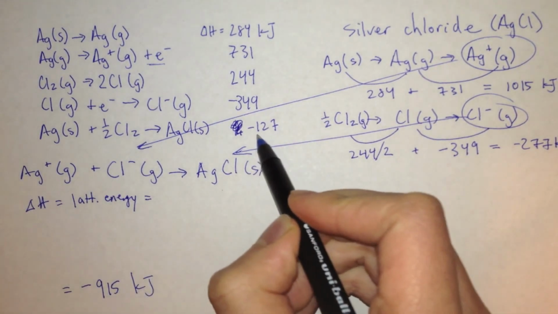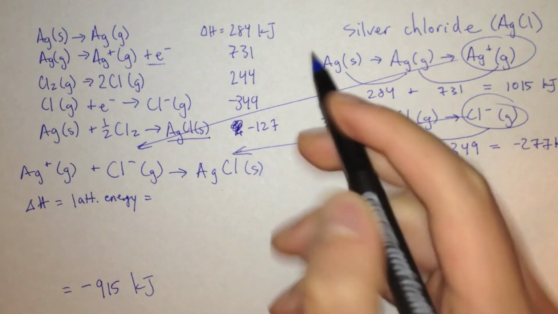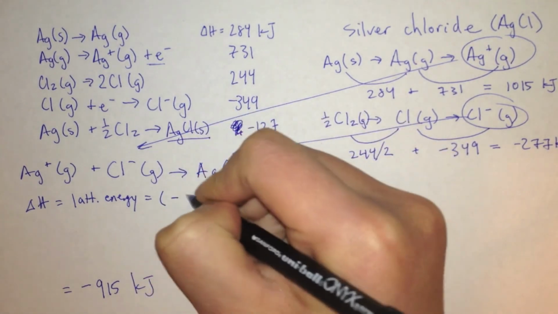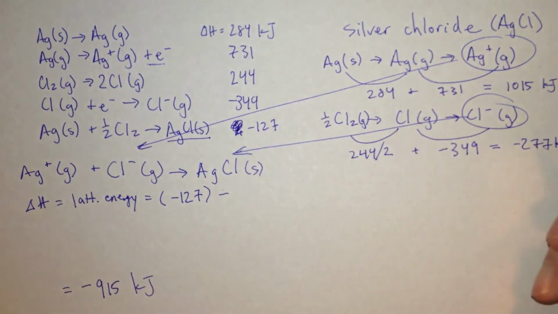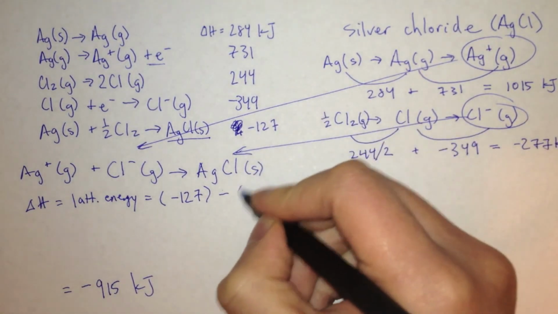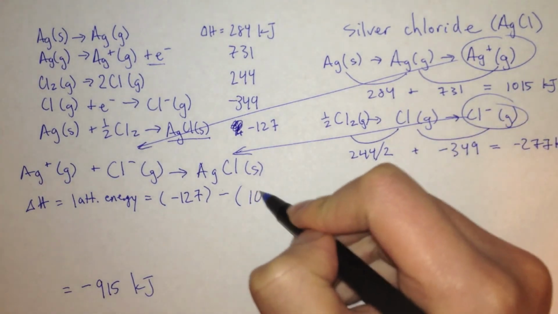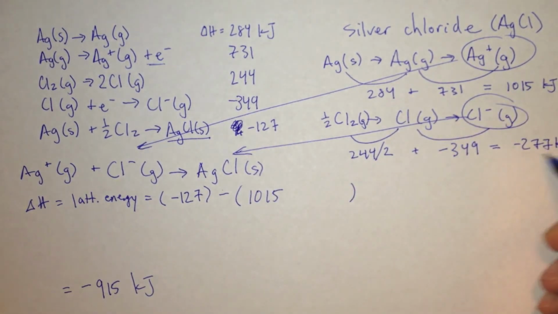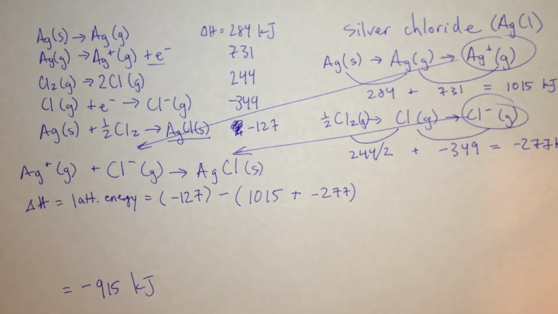In this case, the product is AgCl, silver chloride as a solid. So its heat of formation is negative 127. And we subtract our reactants. And the sum of that is, for silver, it's 1015. And for chlorine, it's negative 277, and our answer is negative 915 kilojoules.